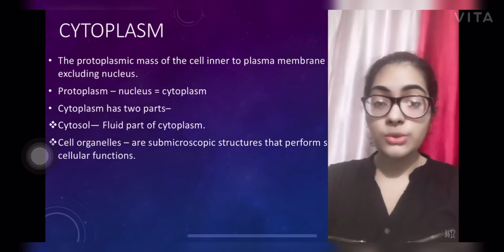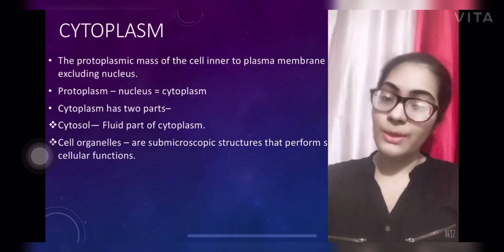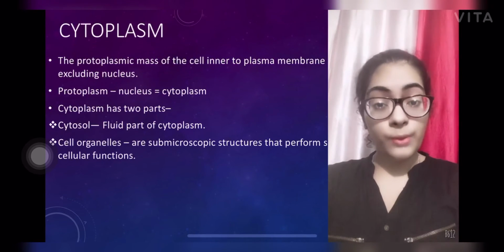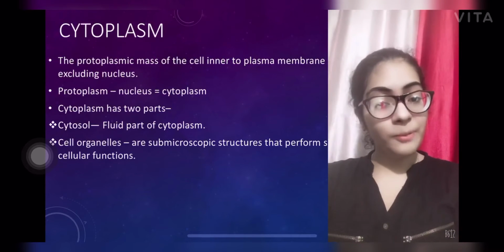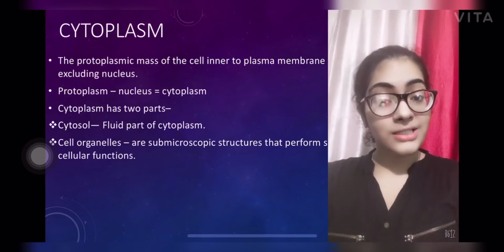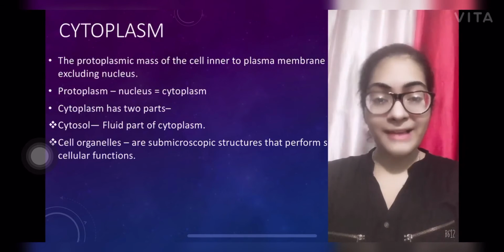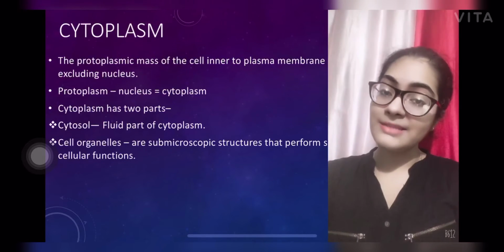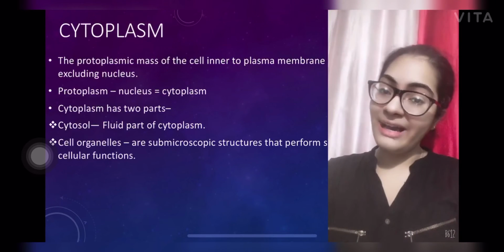Protoplasm includes nucleus as well as cytoplasm. But when I say cytoplasm, it is protoplasm excluding nucleus. The mass of cell delimited by the plasma membrane is the protoplasm, and protoplasm excluding nucleus is cytoplasm.